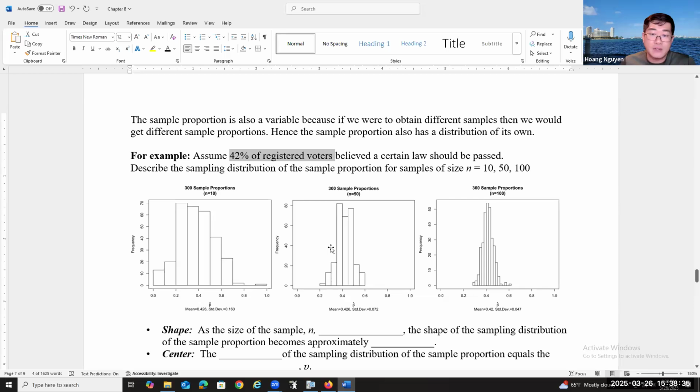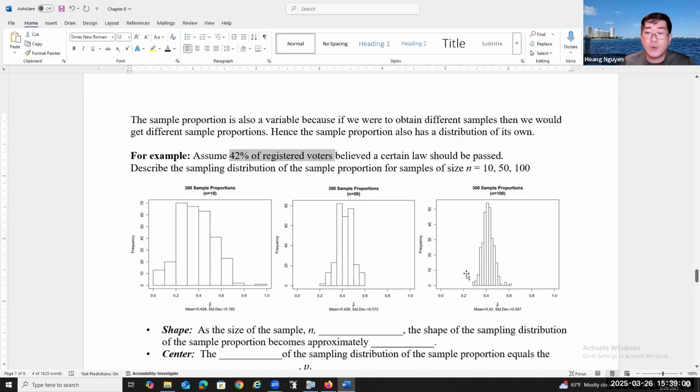Based on the histogram, we can see that the mean is 0.426 and the standard deviation is 0.072. Then we repeat that 300 times again, now with the sample size increased to 100. Now the mean is 0.42 and the standard deviation is 0.047.